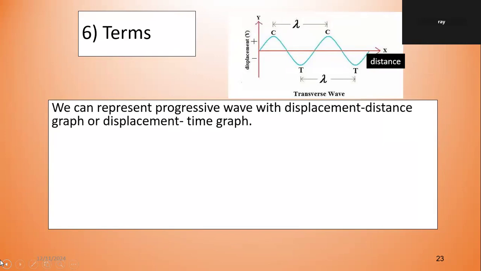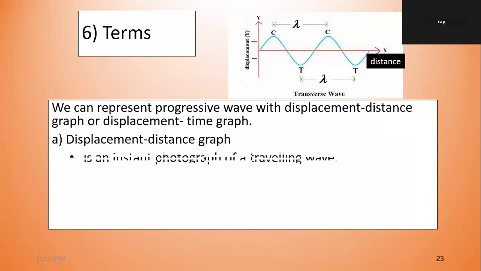We can represent a progressive wave with a displacement distance graph or a displacement time graph. Two things: displacement distance graph or displacement time graph. The picture is a displacement distance graph. A displacement distance graph is an instant photograph of the traveling wave.